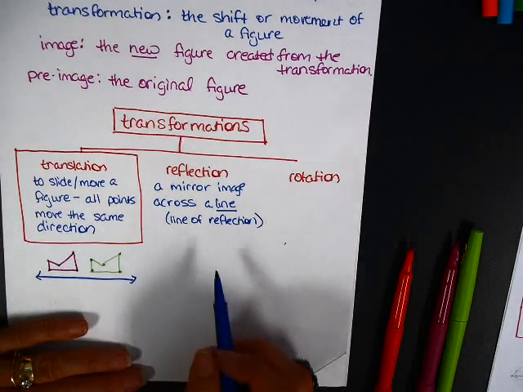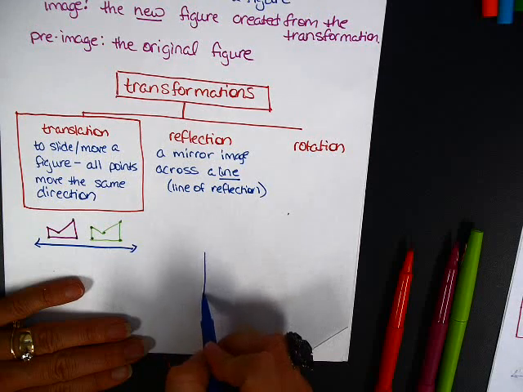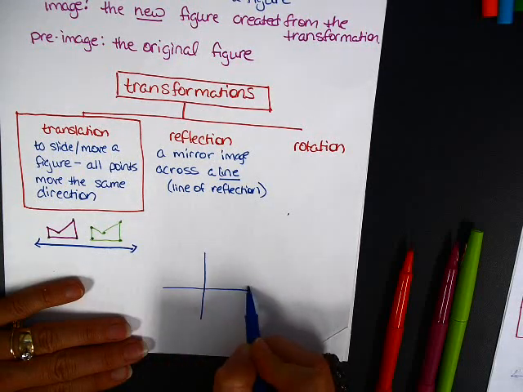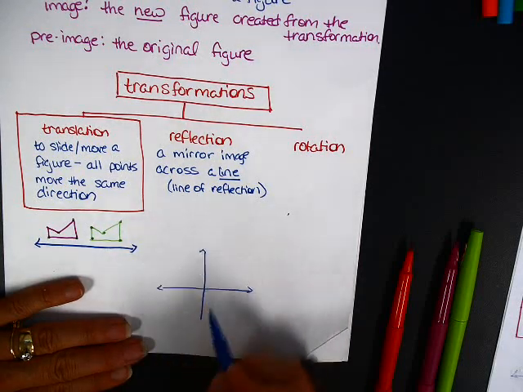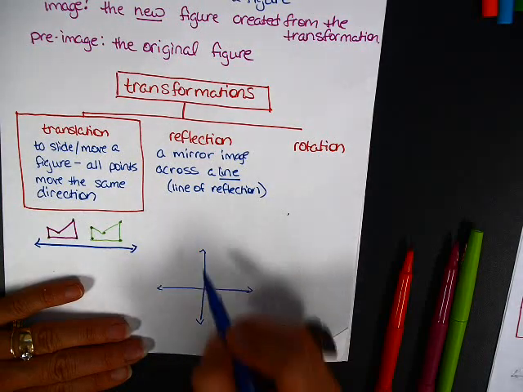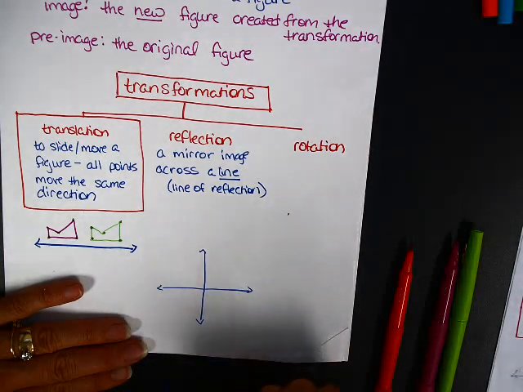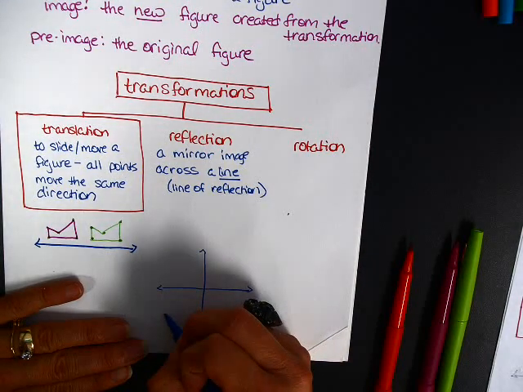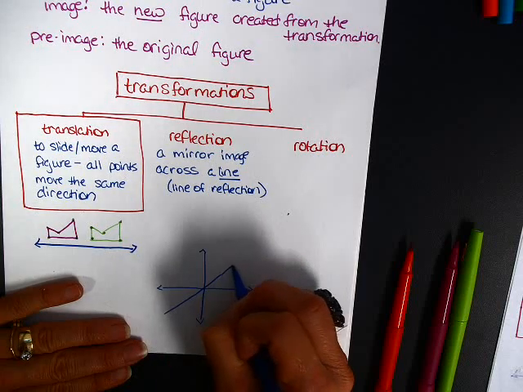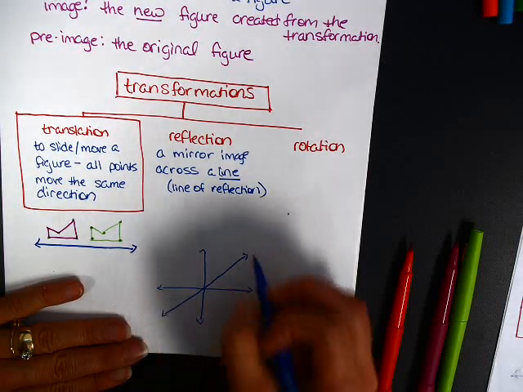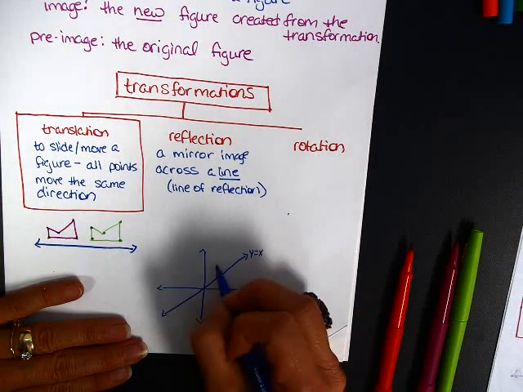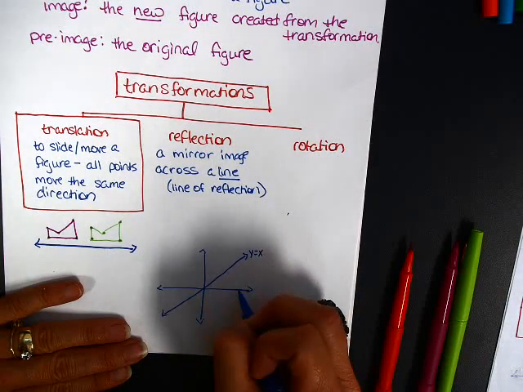If you had a coordinate plane, the x-axis could be a line of reflection. The y-axis could be a line of reflection. You could even draw y equals x, and this is a graph of y equals x, and we can reflect across this.